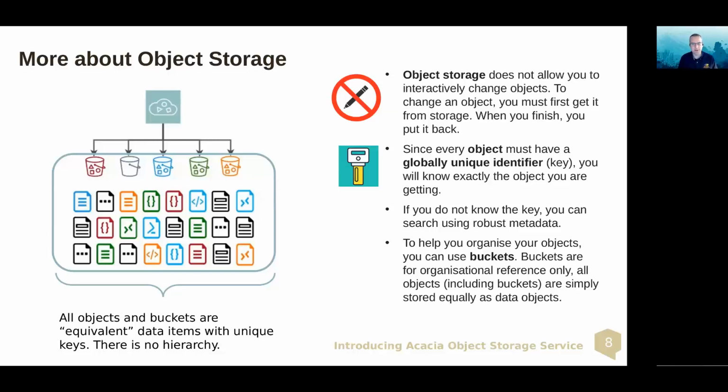And when you put it back, you technically create a new object, and that's how object storage works. So there's no concept of being able to interactively edit objects. You can only copy from and push to objects. You can certainly move objects around between buckets, for example, but that is technically creating a new object. So that's another fundamental difference between file systems and object storage.